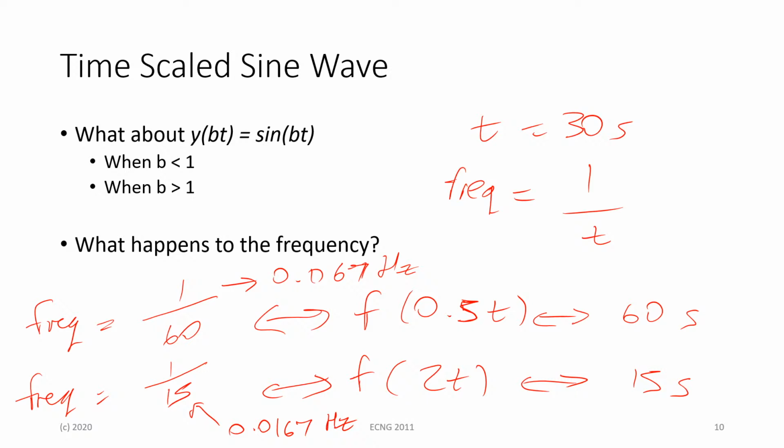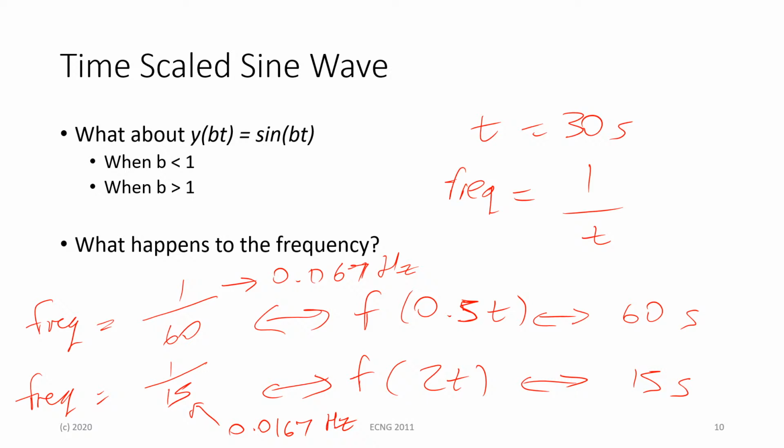In our observation, when b is less than 1, because the signal expands, we end up occupying more time for one instance of our signal. That means we stretch out the actual time itself, and accordingly our frequency is affected.